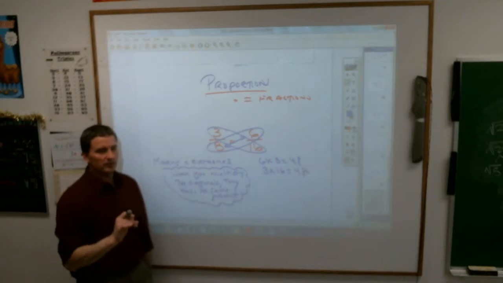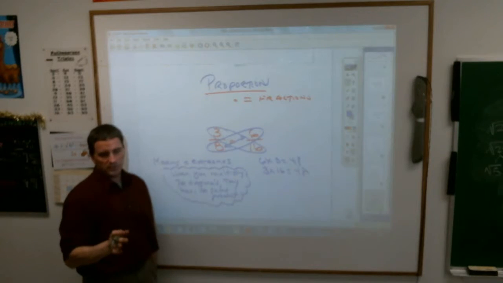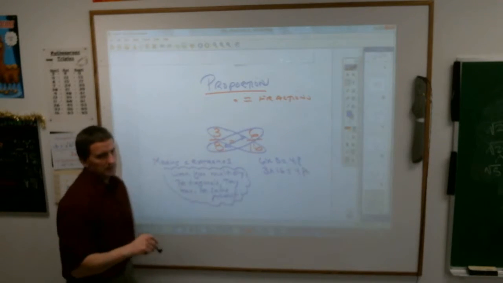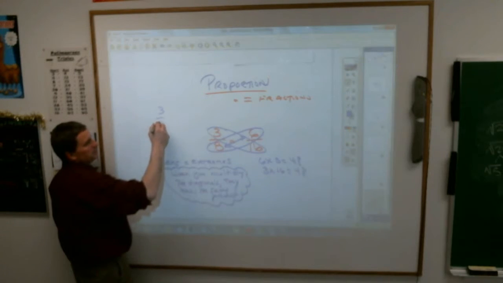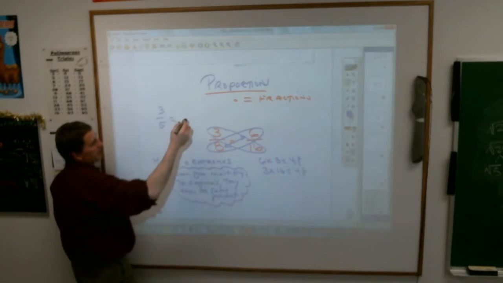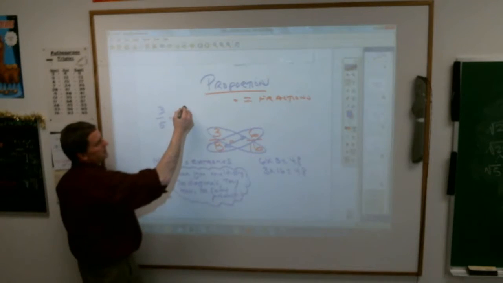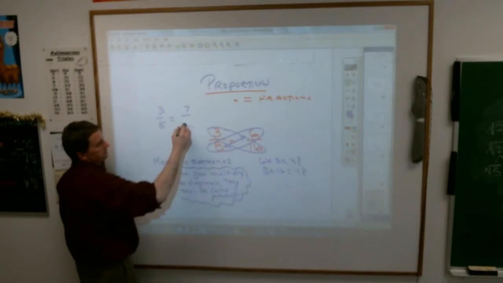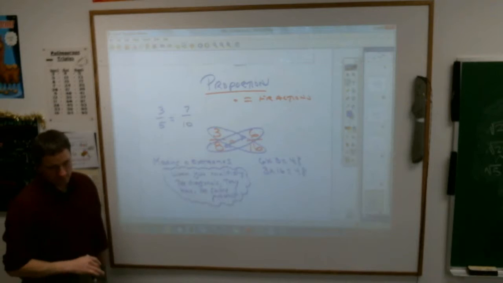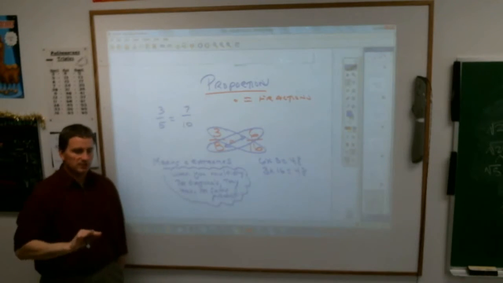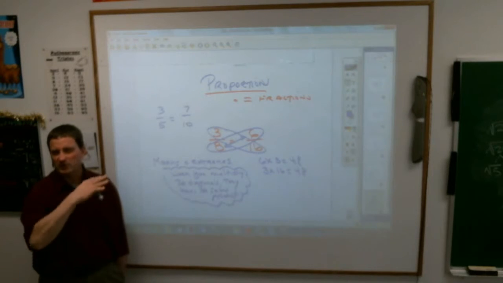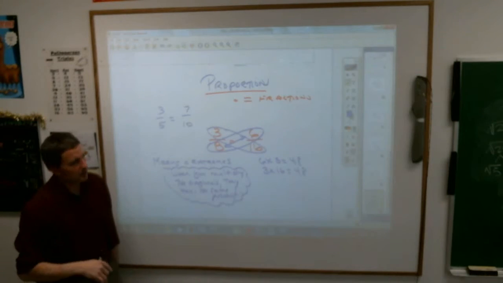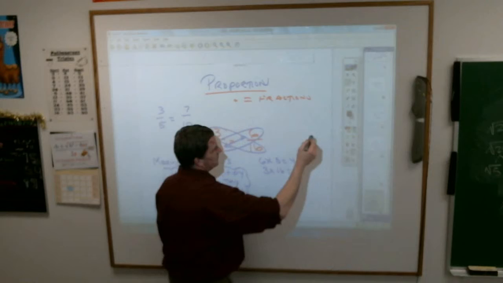Which, by the way, have I told you this? If you're ever comparing fractions, the fast way to compare fractions, for example, if you have 3/5 and you're comparing that to, let's say, 7/10. The world's quickest way to see which fraction is bigger, before we change to the same denominators, is to do this.